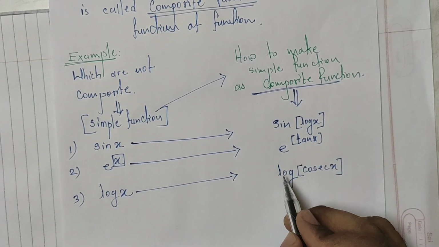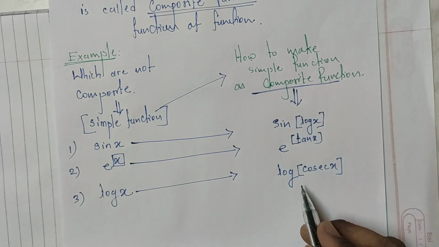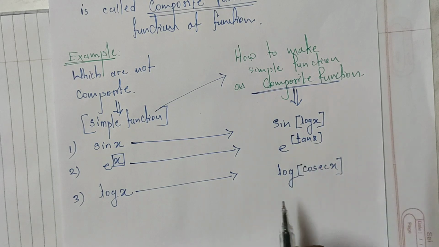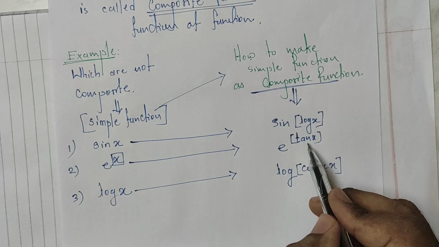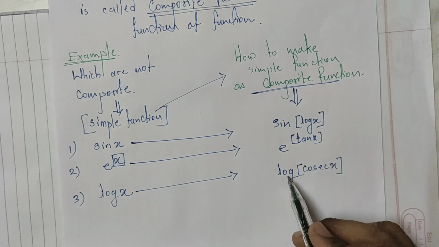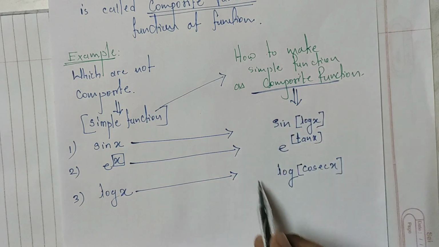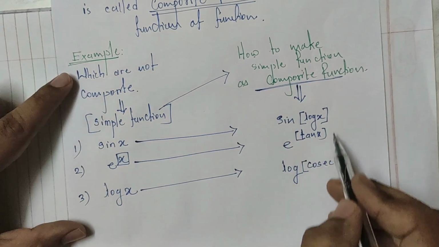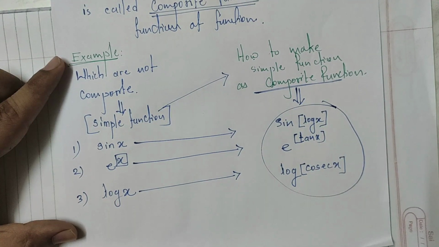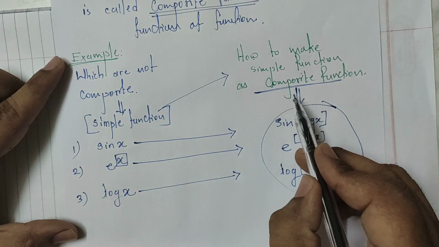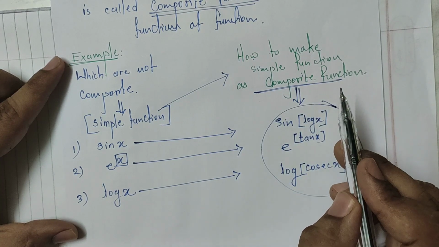Log of cosec x is a composite function because all these three functions contain at least two functions: sine of log x, e raised to tan x, and log of cosec x. Therefore these are called composite functions. I think you understand very well how to identify a composite function.